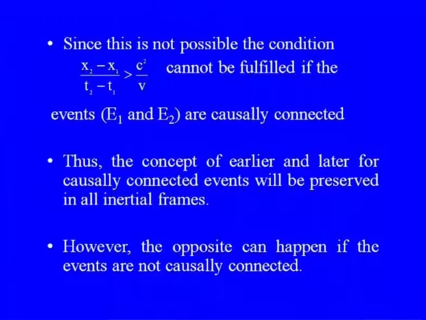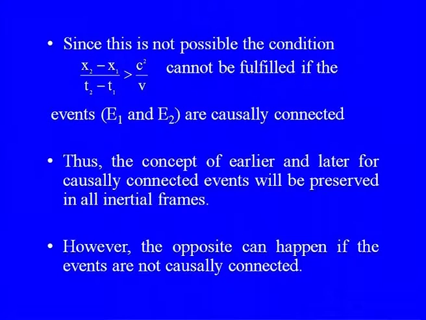Now, since it is not possible to fulfill this condition, if the events E1 and E2 are causally connected, then it means that the concept of earlier and later between events will be preserved in all inertial frames. So, that is the point here.